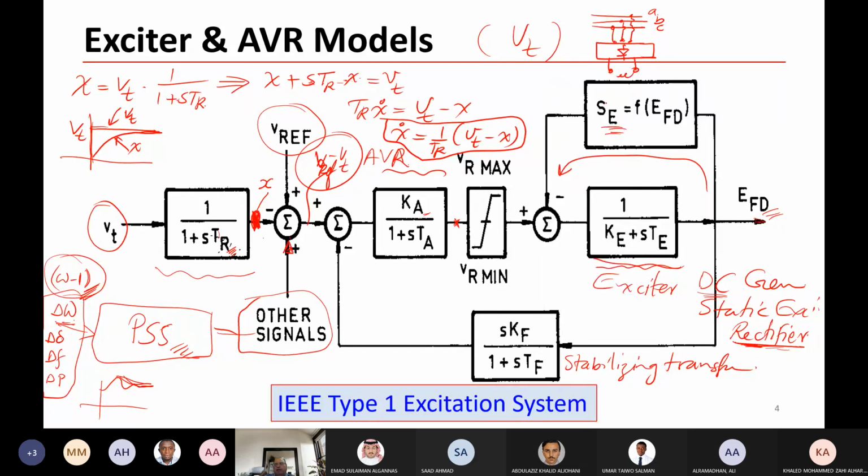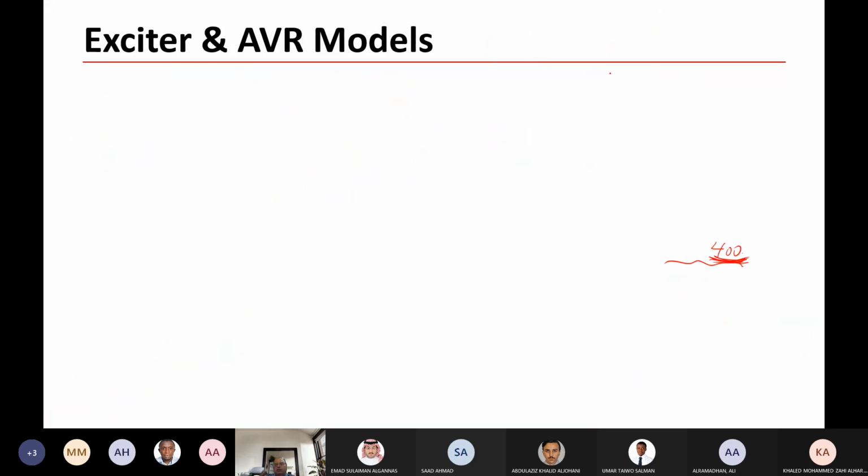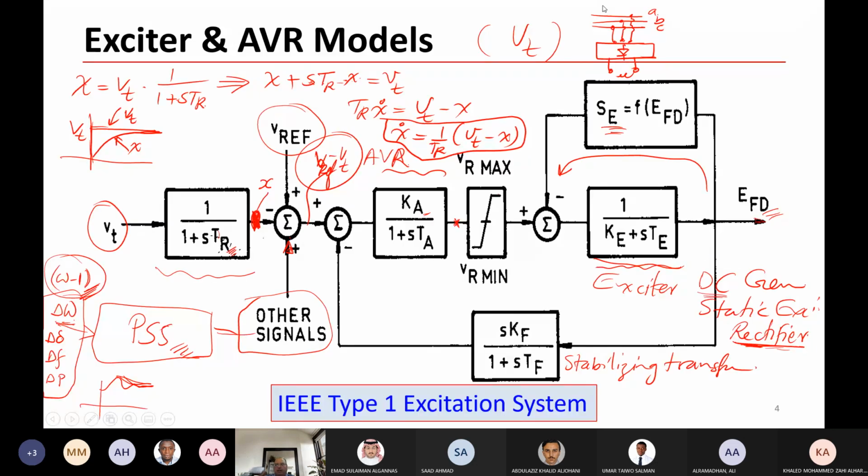So this could be the field winding from the machine. You can take the output of the machine, which is the three-phase AC. Of course, the voltage here is 13.8 kilovolt typically, or 18 kilovolt, so you need some kind of a transformer here in order to reduce the voltage.